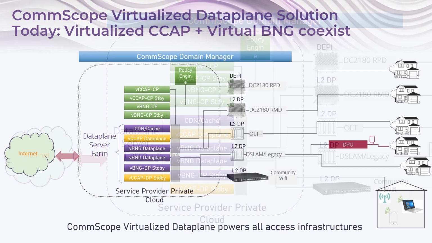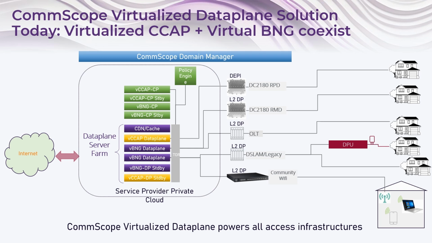The fiber part of the network is going to be fed into the vBNG, and the legacy as well, right? We'll use vBNGs to do all the intelligent traffic and subscriber management. So that is the siloed concept that we talked about earlier, where you have separate data planes for cable and for fiber and legacy networks.